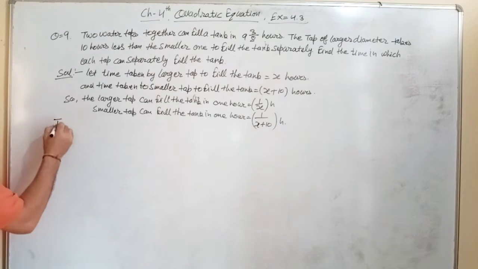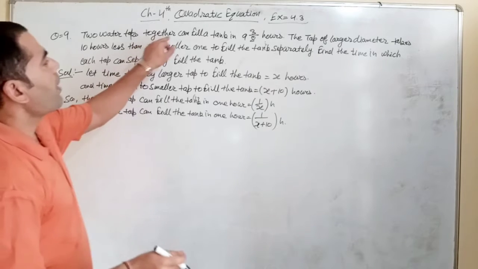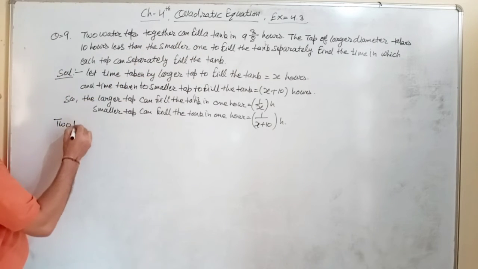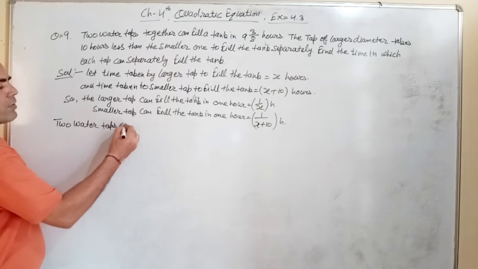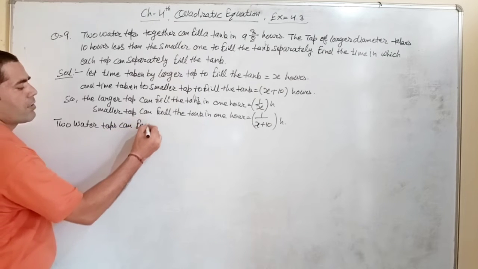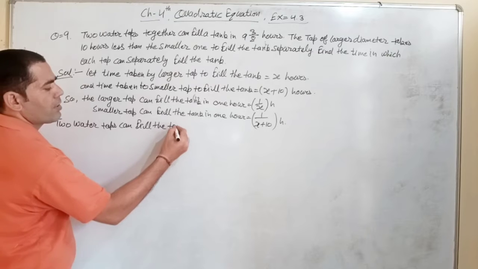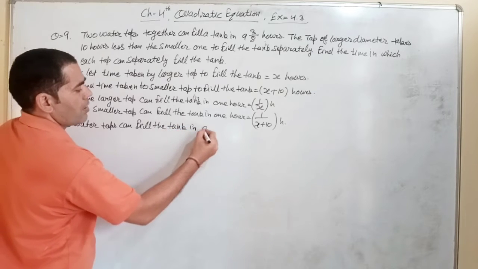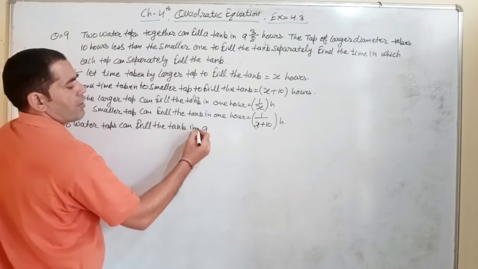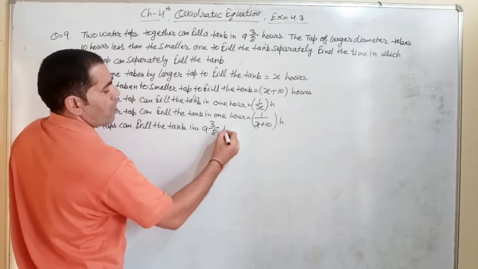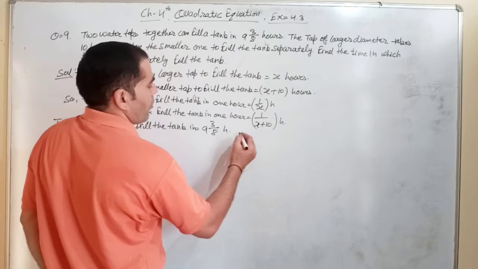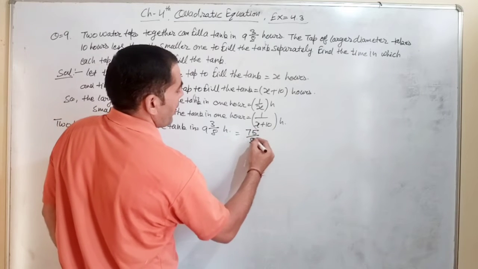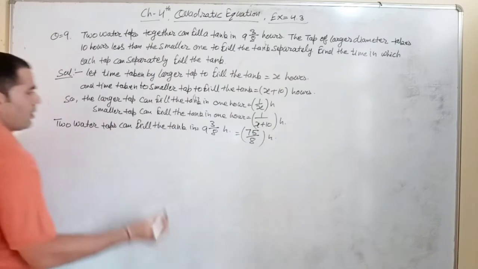Two water taps can fill the tank in 93 upon 8 hours, which means 75 upon 8 hours.